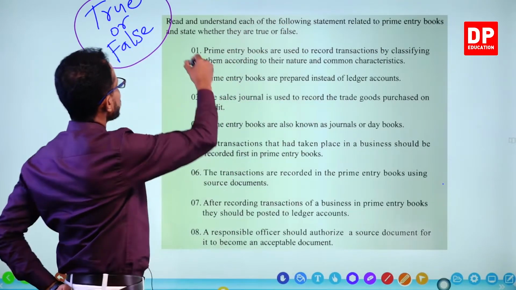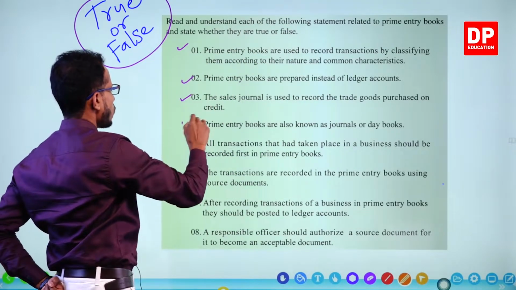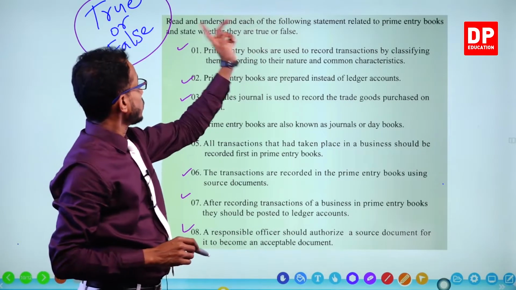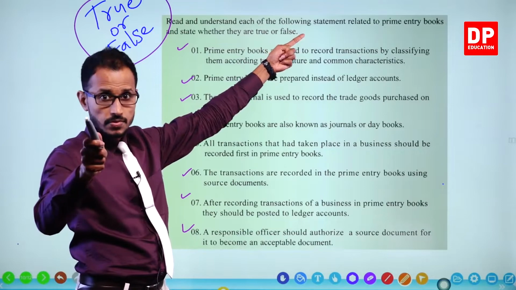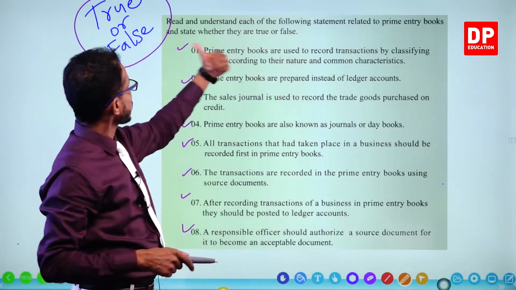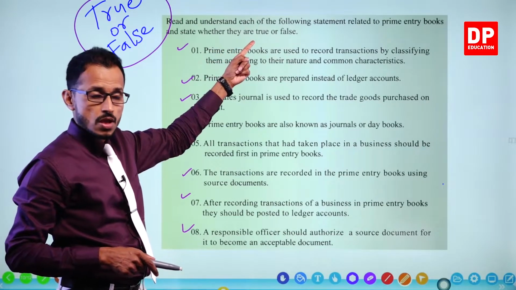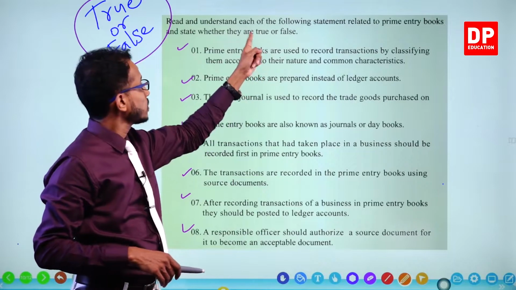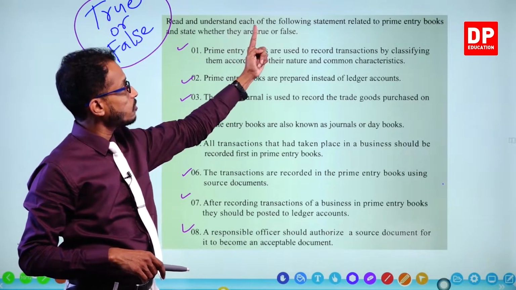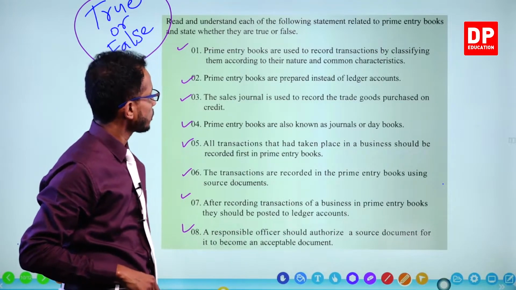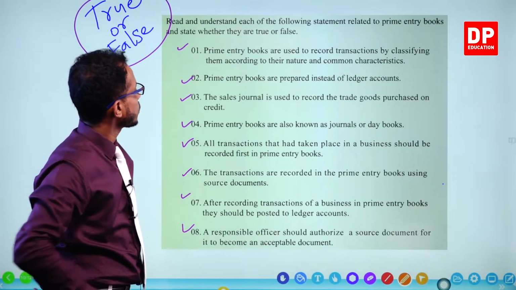We have 1, 2, 3, 4, 5, 6, 7, 8 statements. Read and understand, all these statements are related to prime entry books and source documents. And you decide whether these statements are true or false. Alright? Okay. First one.